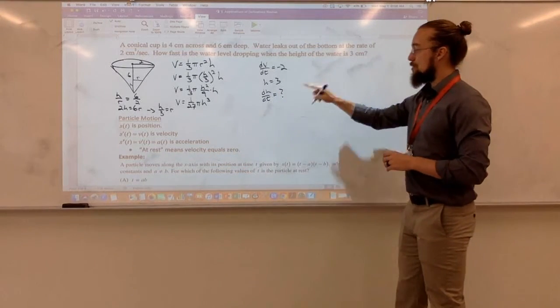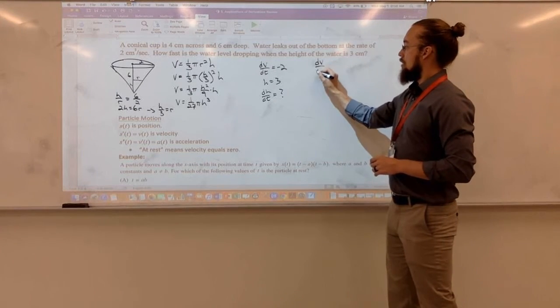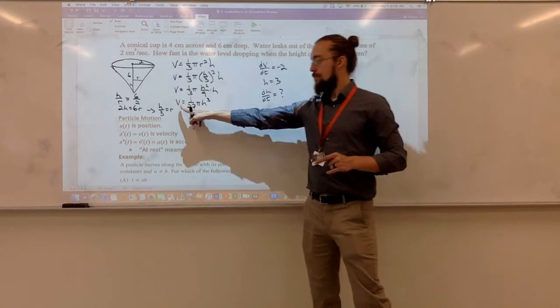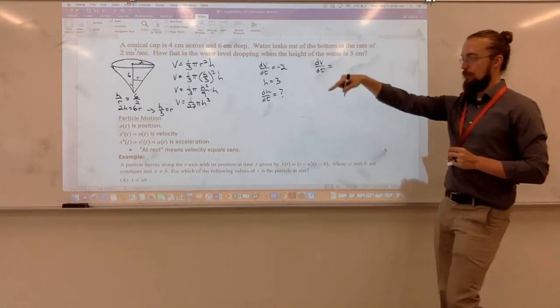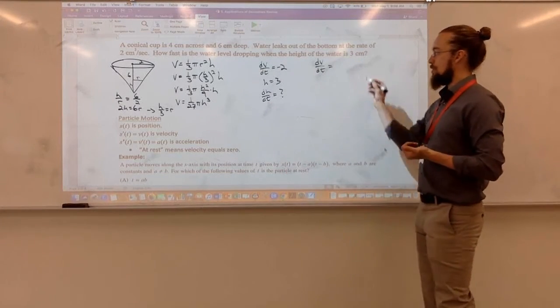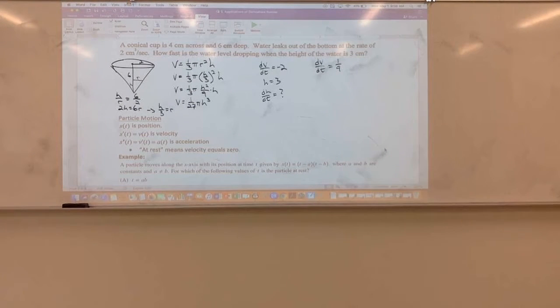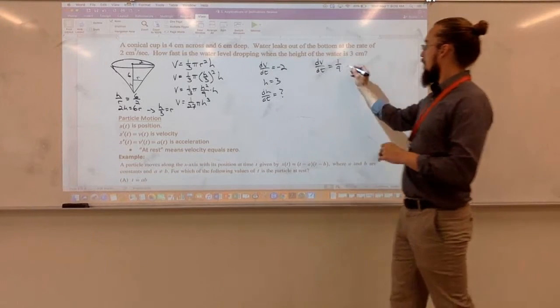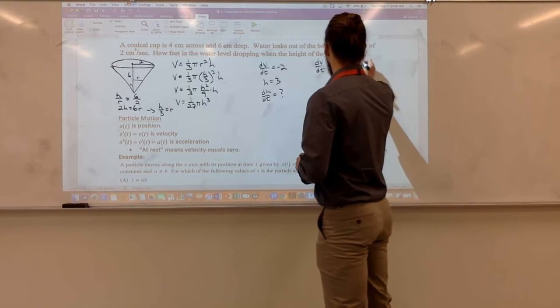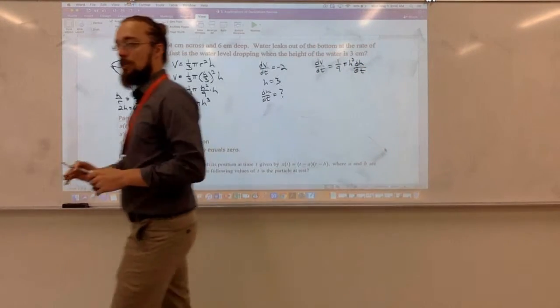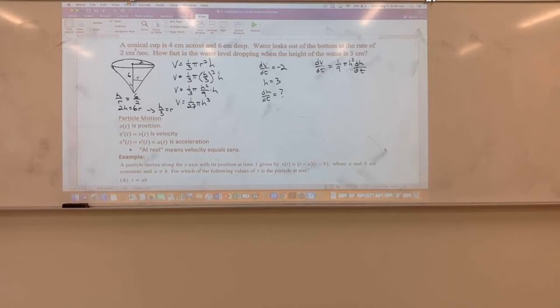So I want to take this volume formula and find the derivative. So I would have dV/dt equals, I would bring that 3 down, so 3 over 27 would just be 1/9. So I would end up with 1/9 pi H squared dH/dt. Then I can plug in the two things that I know and solve for dH/dt.